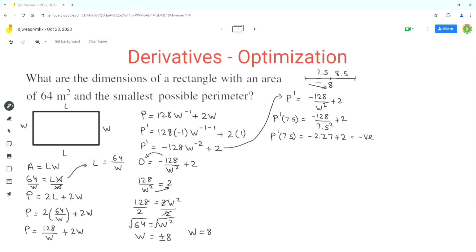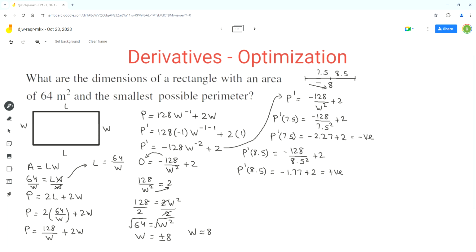Now we can use the test value 8.5. So I get a positive value.